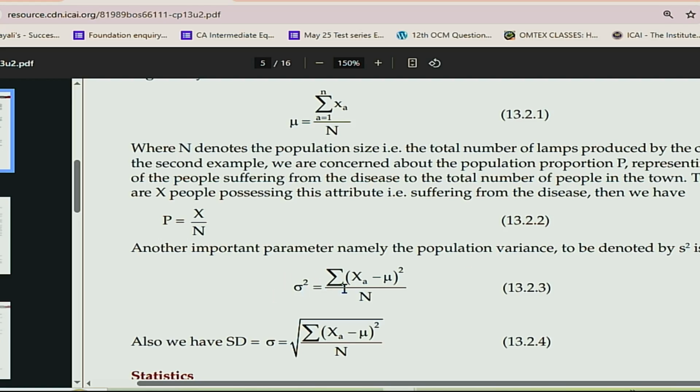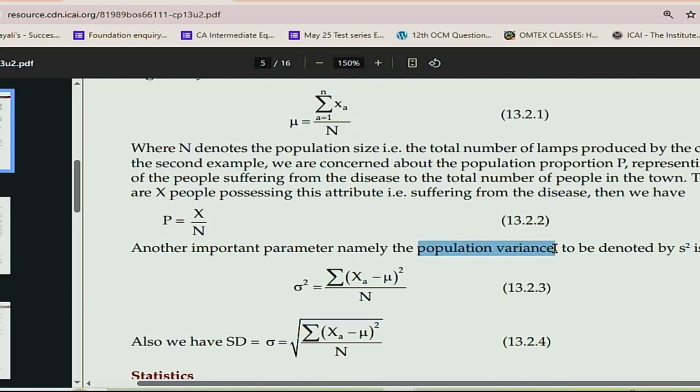Now this we are going to study in the next chapter, chapter number 14. So right now you will not understand what all this is, but I just want you to write down the formulas and remember them. In the next chapter this will become very clear to you. Have you written P is equal to x upon N? Then write down population variance.